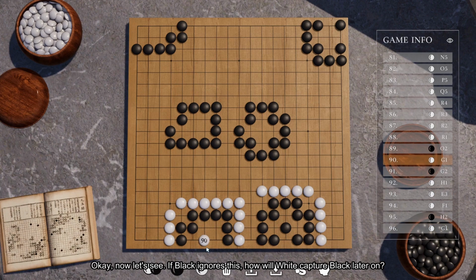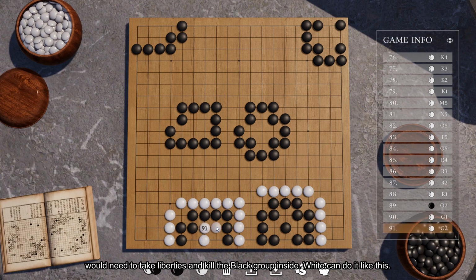Okay, now let's see. If black ignores this, how will white capture black later on? It is quite simple. If white actually needs to take away black's liberties later, for example, if white's outside group isn't alive and black surrounds it, white, to survive, would need to take liberties and kill the black group inside.